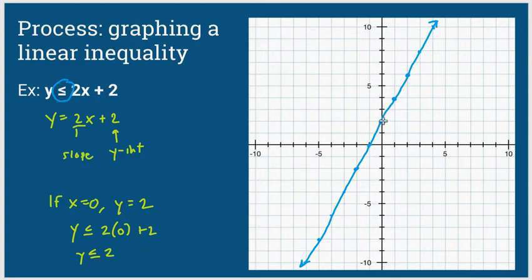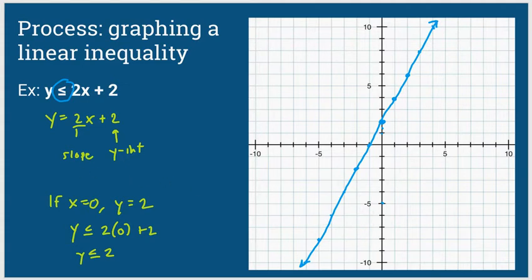And so that means that when x is equal to 0, y could be 2, but it could also be 1. It could be 1.5. It could be -5. It could be any number that is less than 2.